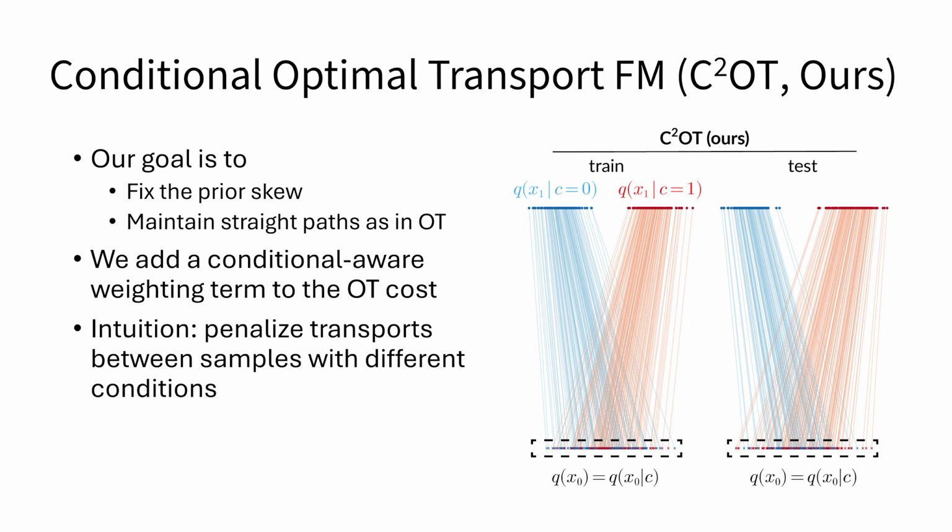To do this, we add a condition-aware weighting term to the optimal transport cost function. The intuition is that this penalizes transport between samples that have different conditions. As shown in the illustration on the right, C2OT can generate high-quality samples without degradations, while maintaining the straight paths.